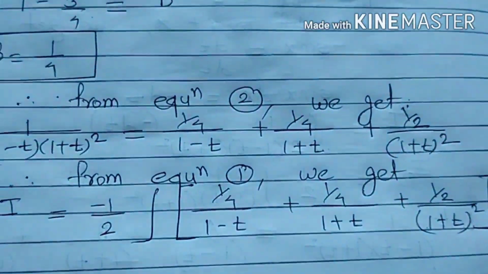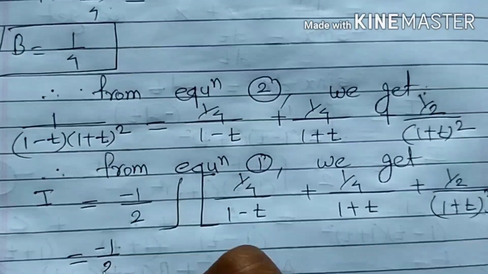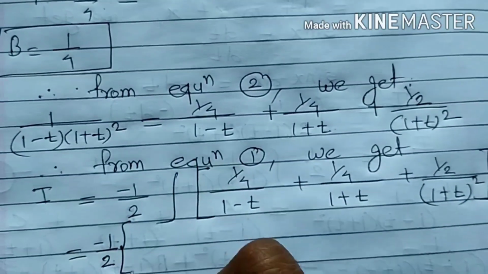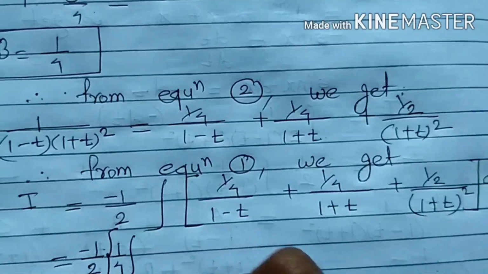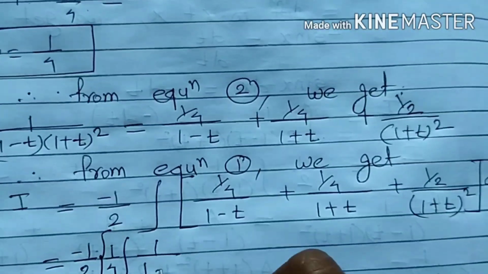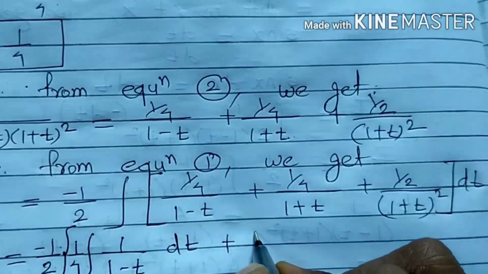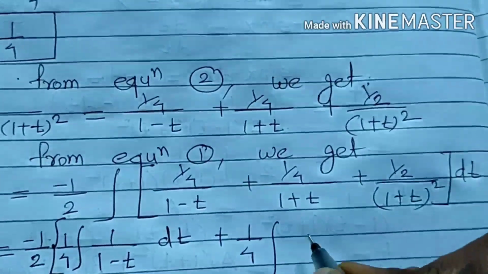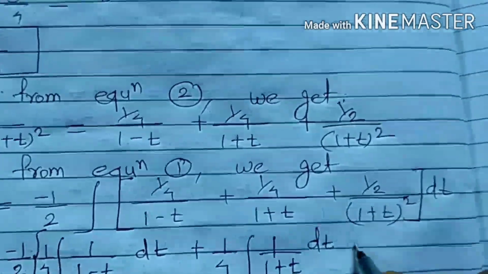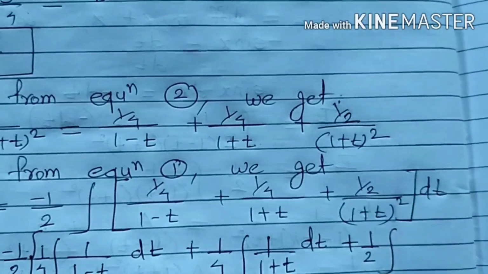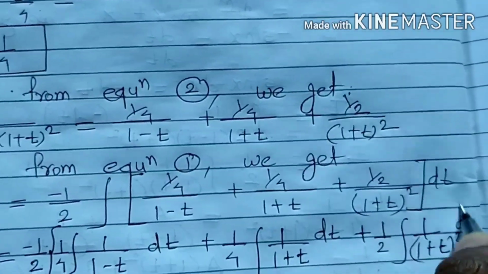Now apply integration on summation, so we get minus 1 by 2, integration, 1 by 4 taken common, of integration of 1 upon 1 minus t dt plus 1 by 4 integration of 1 upon 1 plus t dt plus 1 by 2 integration of 1 upon (1 plus t) square dt.